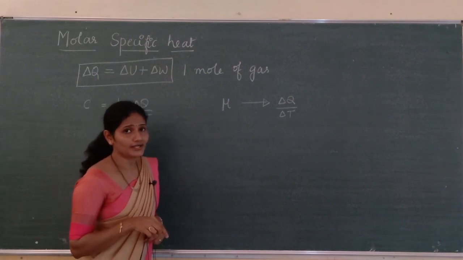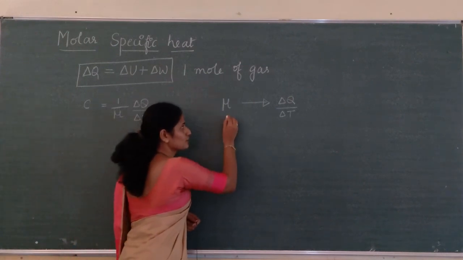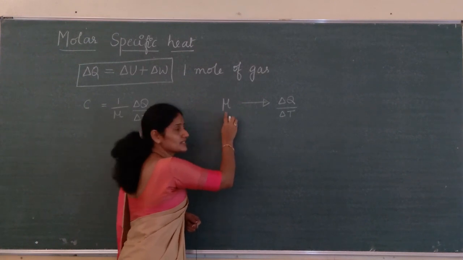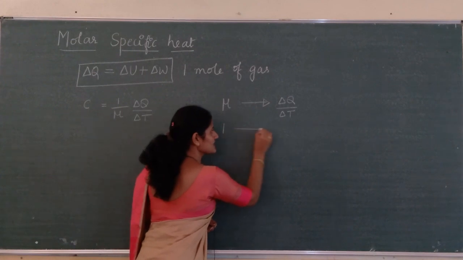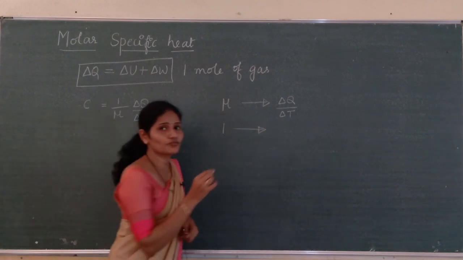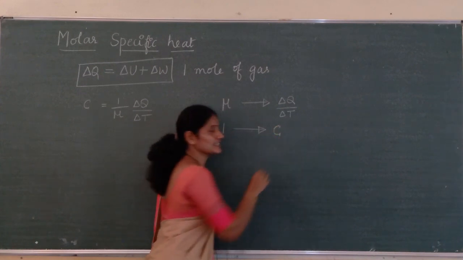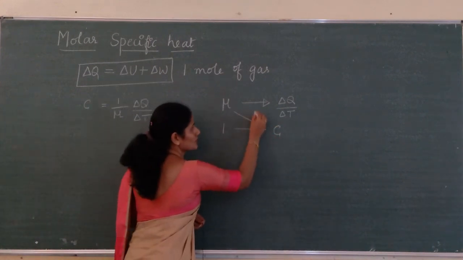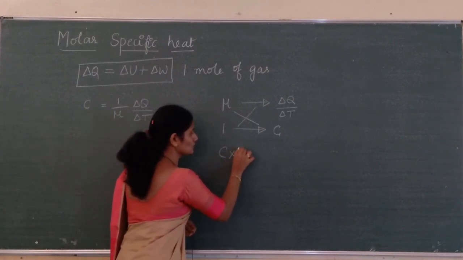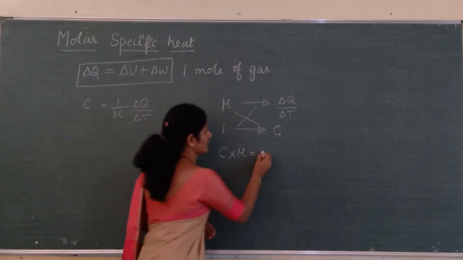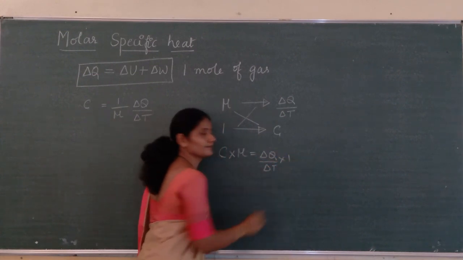The amount of heat required to raise the temperature of 1 mole of gas, here mu means the number of moles in a gas, for 1 mole of gas, the amount of heat required is the molar specific heat, C. On cross multiplication we get C into mu is equal to delta Q by delta T into 1.